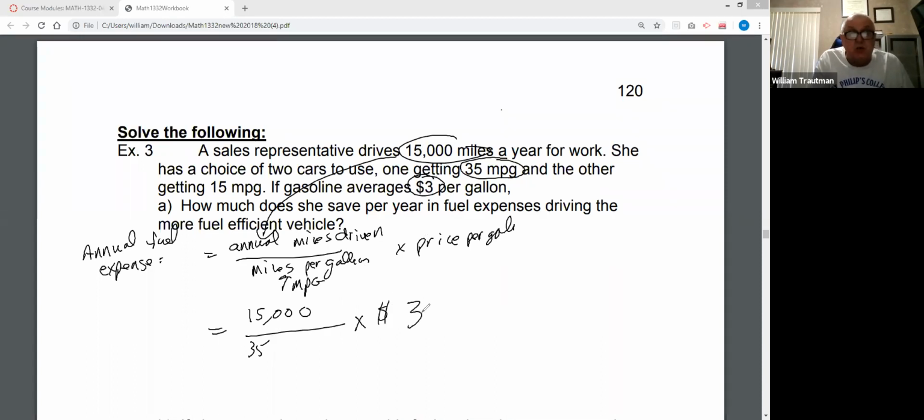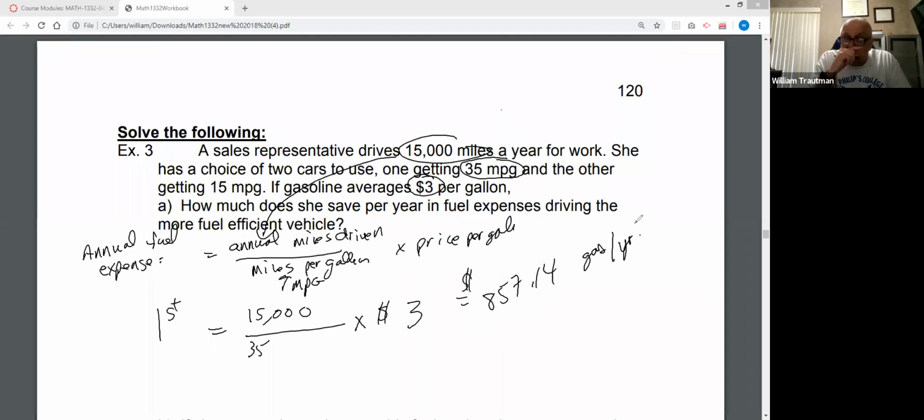Luckily, gas is going down a lot. So this first car uses 15,000 divided by 35 times 3, about $857.14 of gas. This is how much gas they use per year.